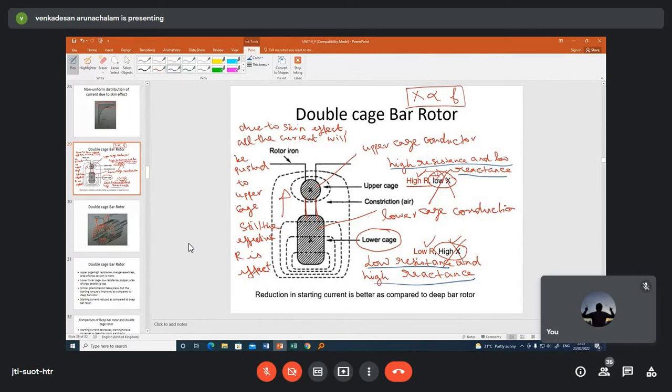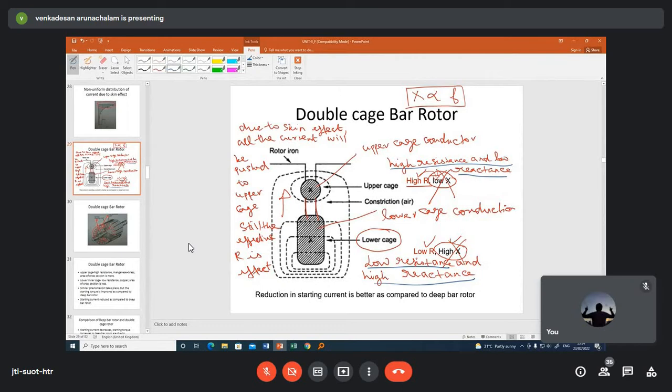So because of the skin effect, all the current in the rotor is pushed towards the upper part of the rotor. The concept is very similar to deep bar rotor, but here all the current is pushed to the upper cage, which is having high resistance and low reactance.